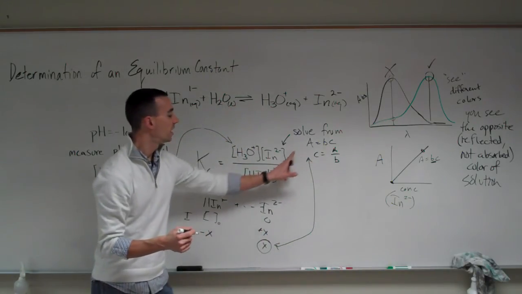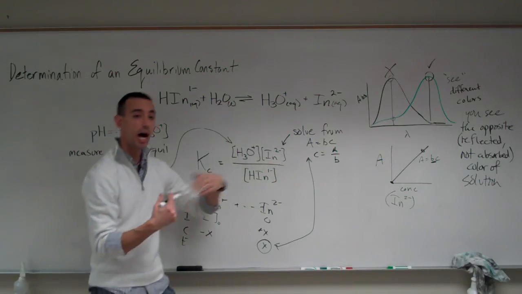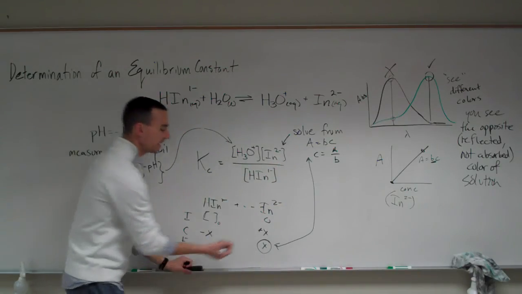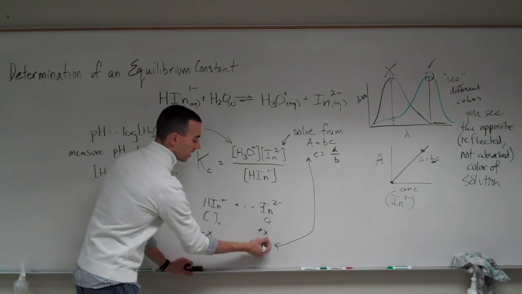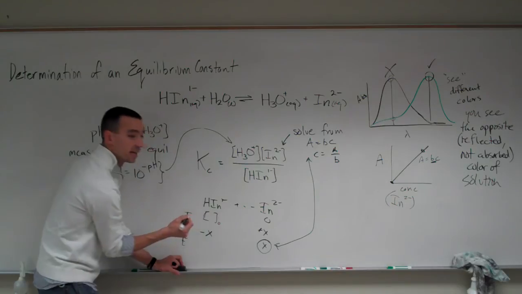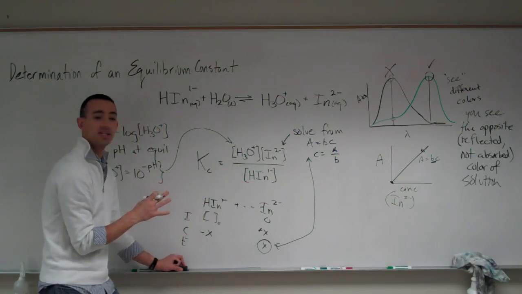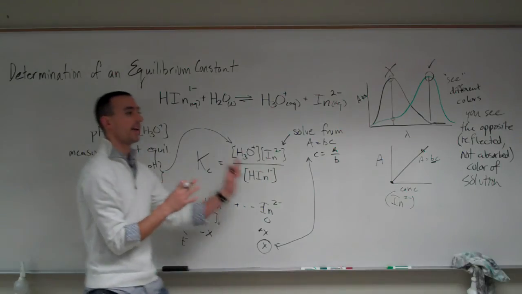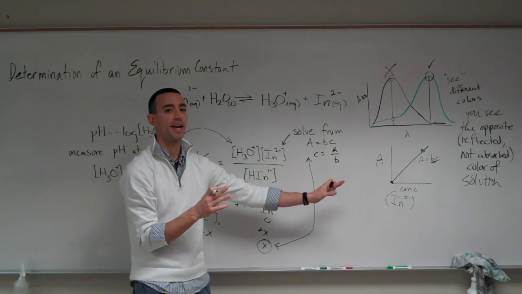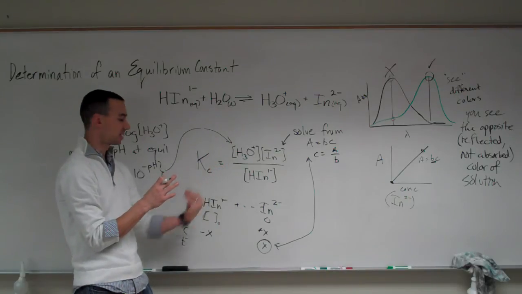See, the amount of the deprotonated indicator that shows up at equilibrium is the amount that gets lost or decreases from the HIN. This is just like the hydrogen iodine question that we had a few minutes ago, right? The amount of H2 and I2 that formed in that reaction was equal to, in that case, half of the HI that disappeared.